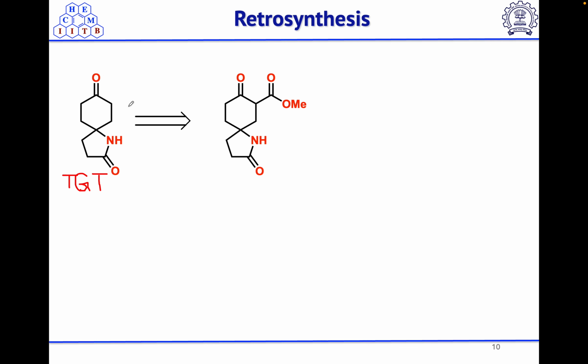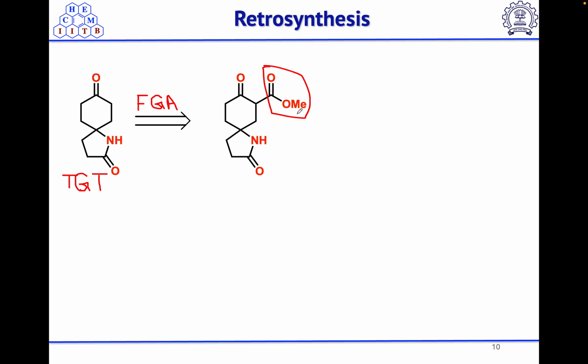You can have some functional group addition. So we can add some functional group in our first retrosynthetic arrow, like we are adding this ester. For what purpose are we adding this functional group ester?